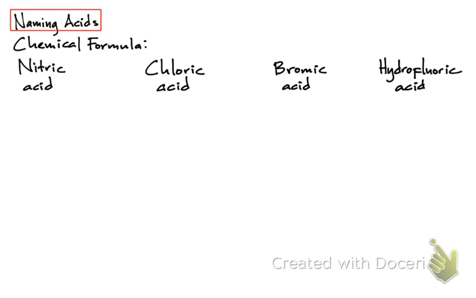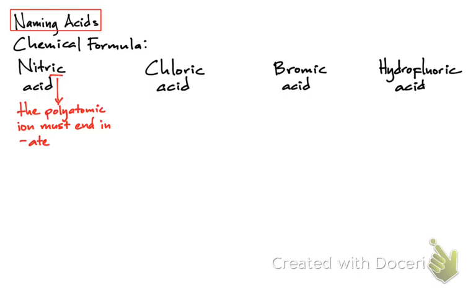Again, you can see that the chemical name ends in IC, right? Nitric acid. So this tells you that the ion must end in ATE, right? The polyatomic ion ends in ATE.